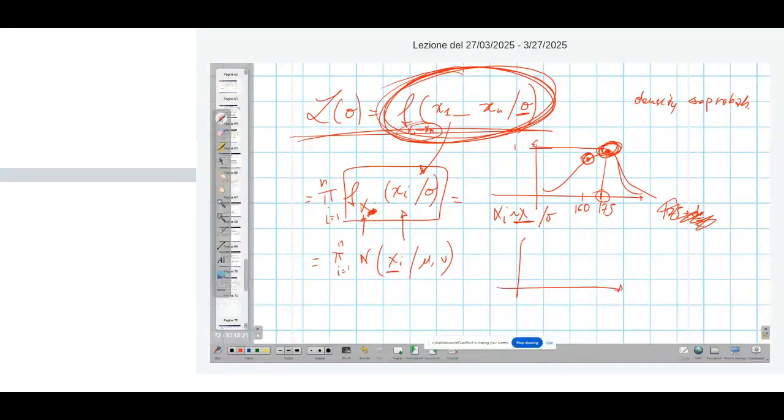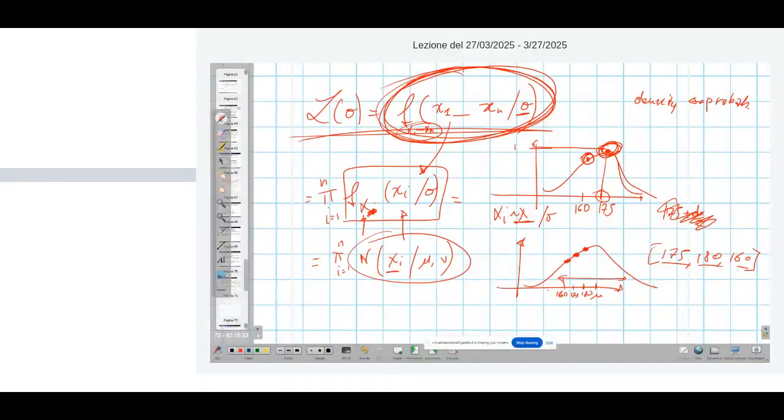So if I give you a Gaussian distribution with mu and v, I can take my data set and compute the Gaussian density for these values, which may be, let's say, 160, 170, 175 and 180. These will be the values with this Gaussian.